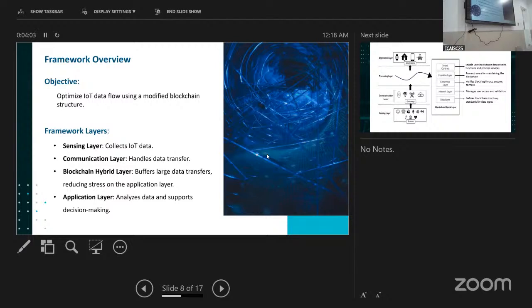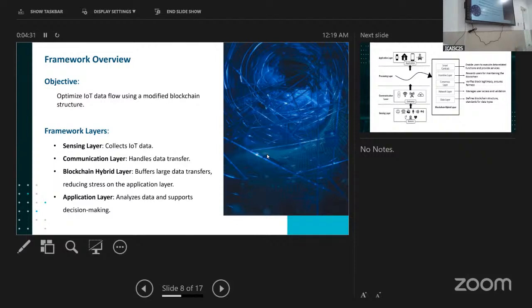Basically, we take the blockchain and the IoT structure, we combine them together, and we have this framework here. The sensing layer is the layer responsible for collecting data. The communication layer is responsible for transferring the data. The blockchain hybrid is the processing layer. We change the processing layer to the blockchain hybrid layer.